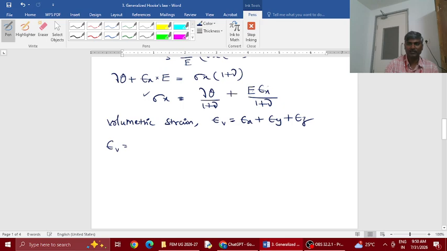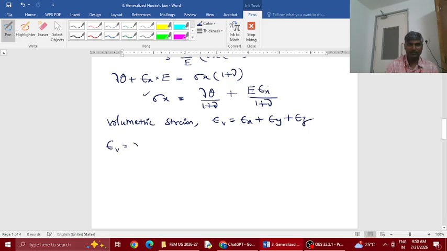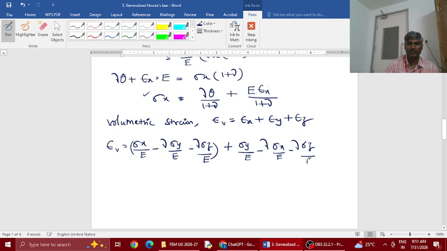Epsilon x is written here as sigma x by E minus nu sigma y by E minus nu sigma z by E, plus epsilon y, sigma y by E minus nu sigma x by E minus nu sigma z by E, plus the third one, sigma z by E minus nu sigma x by E minus nu sigma y by E. Now you just pick out the common terms, like sigma x is here, here and here. So just combine those terms.